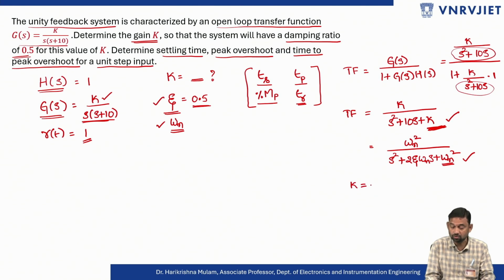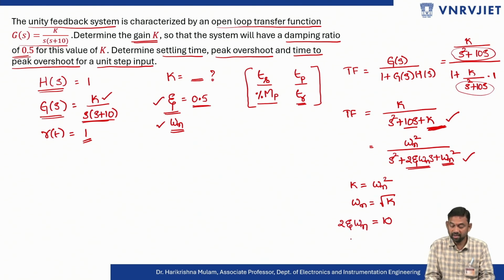Therefore, omega n is equal to root of K. Then similarly, if you compare this term with this term, we can write 10 is equal to 2 zeta omega n.